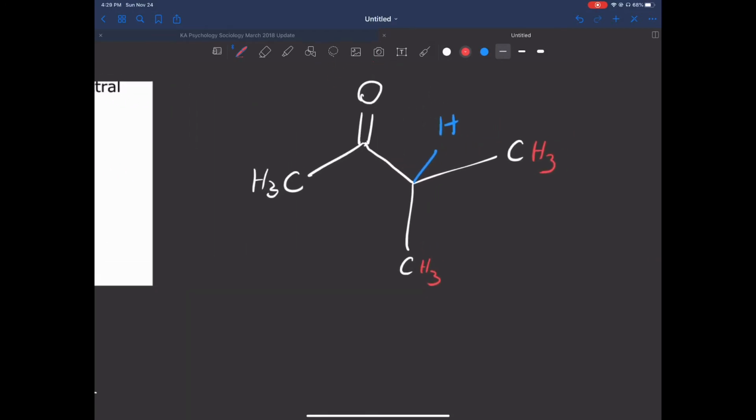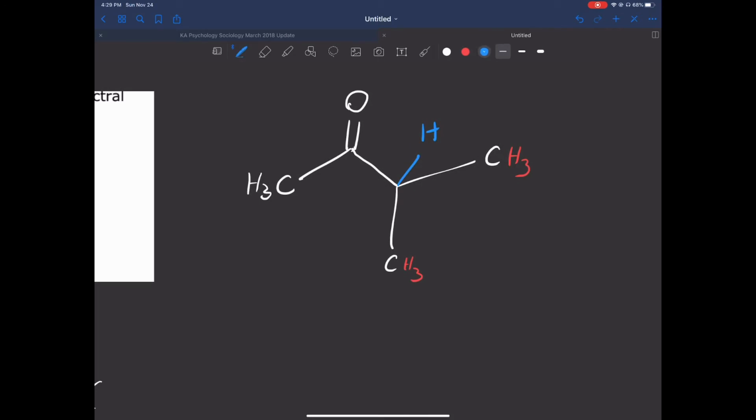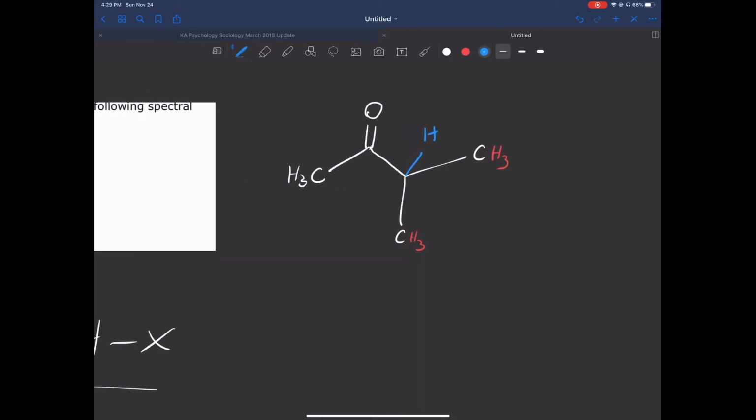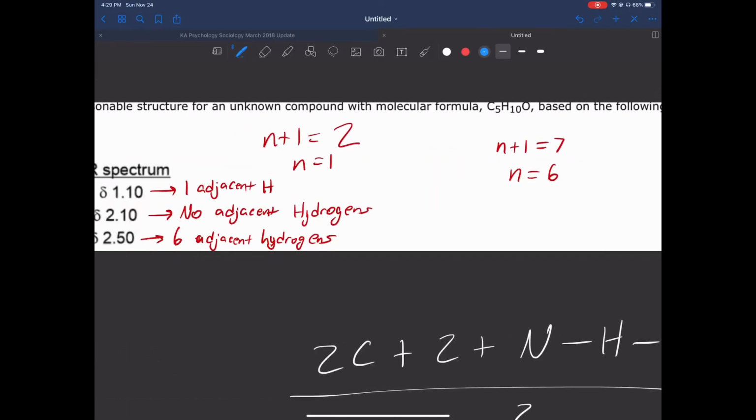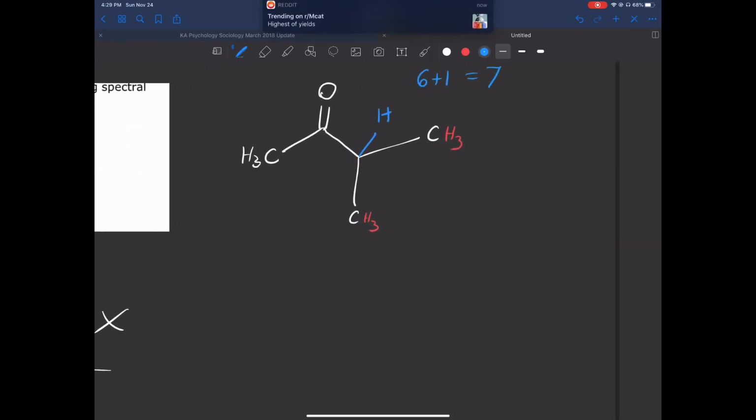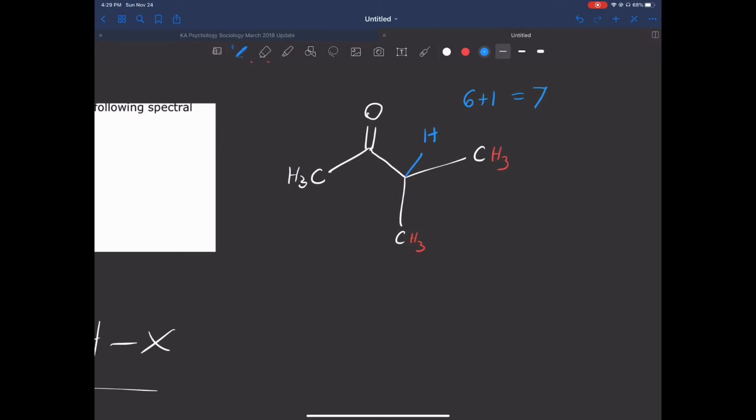So let's look at the blue hydrogen first. It has 6 adjacent hydrogens. 6 plus 1 is 7. There's our septet. Now, the red hydrogens, remember, these are all the same. So we treat them as 1. That's going to be 6. So that's going to be all 1 hydrogen that we're going to treat it.